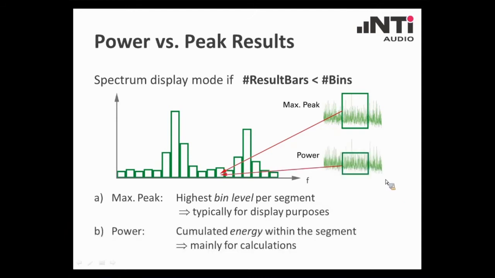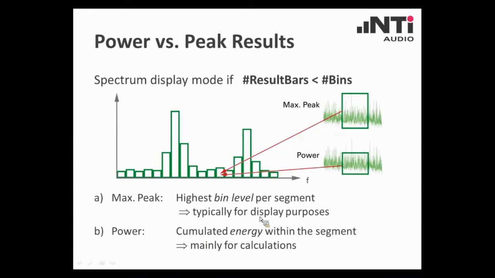The other approach is the power. Here we calculate the accumulated energy within that corresponding segment and show it in our display. The maximum peak approach is typically used to display the curves, to watch them, whereas the power approach is essential if you execute calculations.